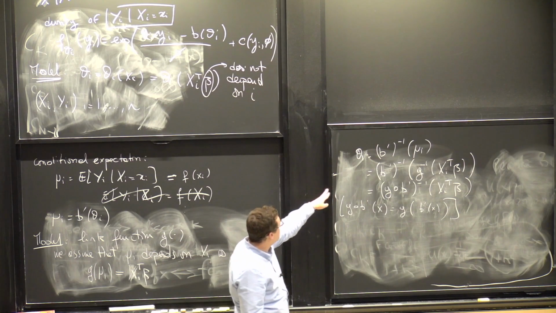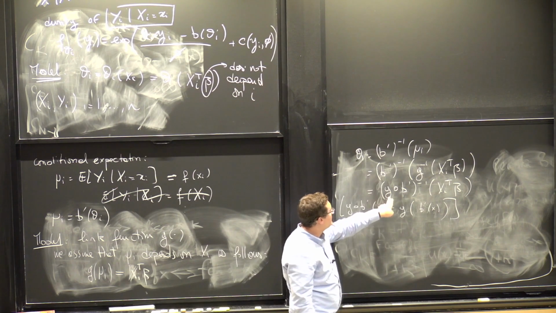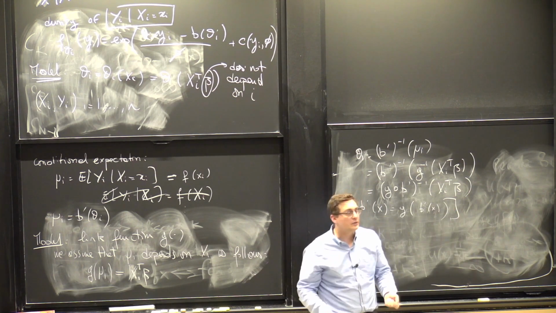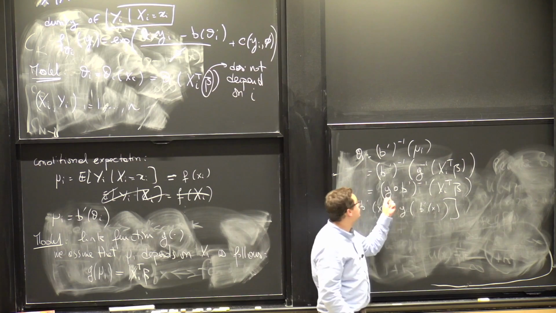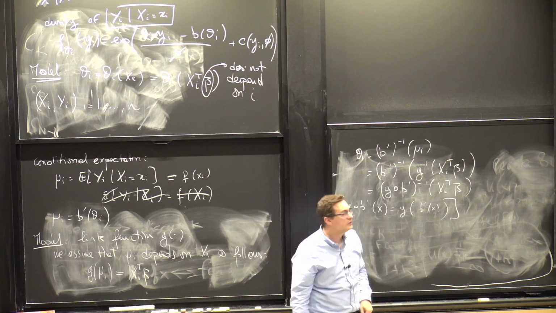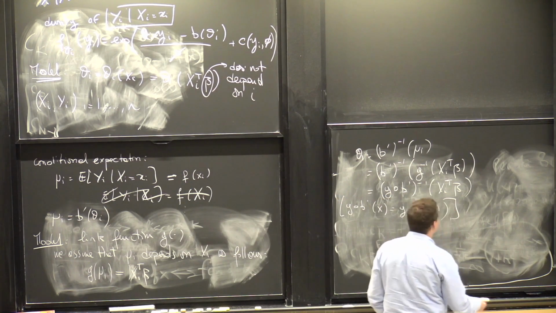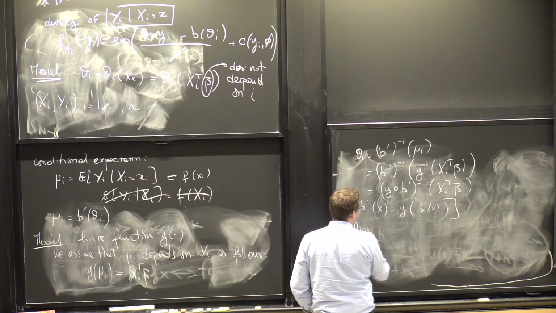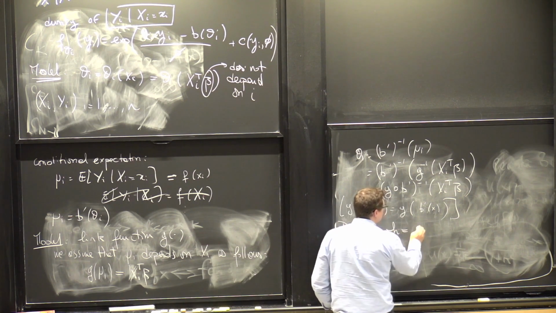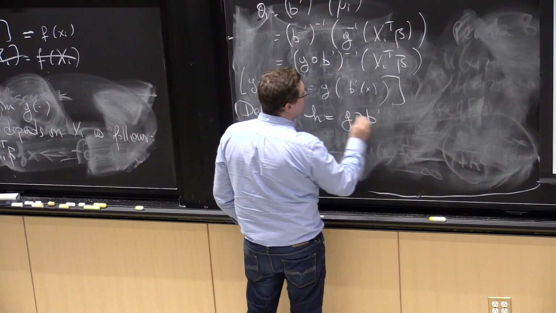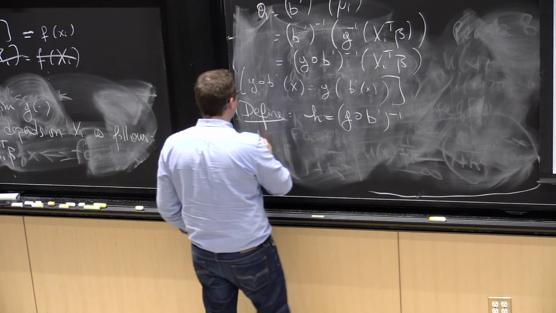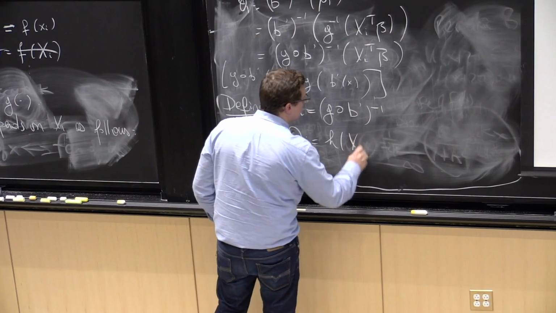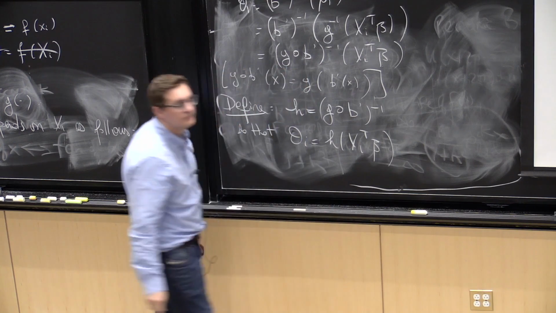Okay, so now everywhere I saw theta, I now see this function of beta. So I could technically plug that in. Of course, it's a little painful to have to write g circle b prime inverse all the time, so I'm going to give this guy a name. You're just going to define h, which is g composed with b prime inverse, so that theta i is simply h of xi transpose beta.